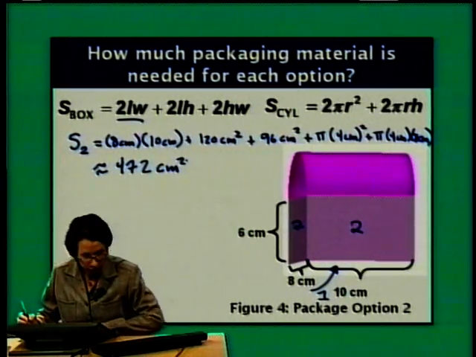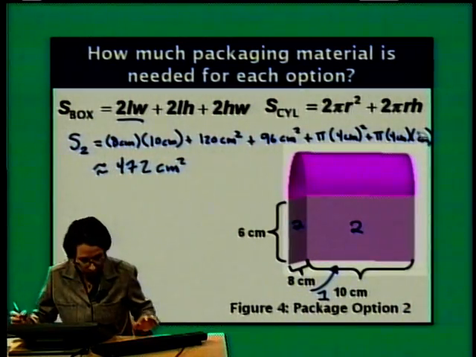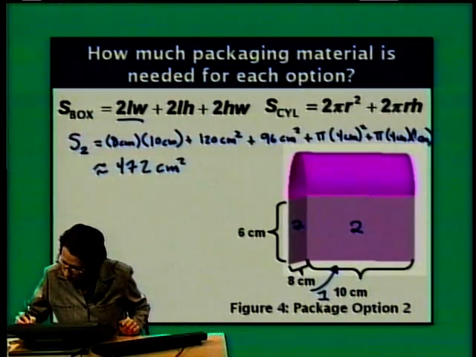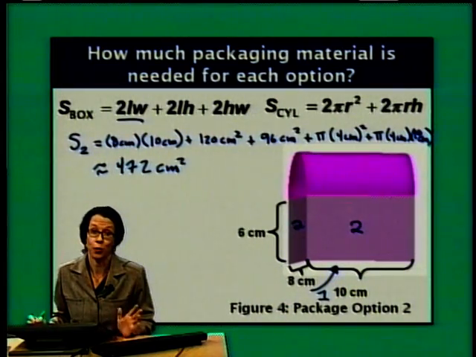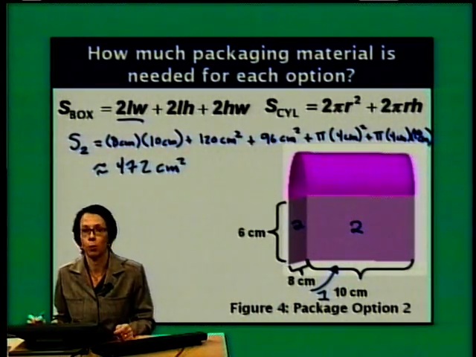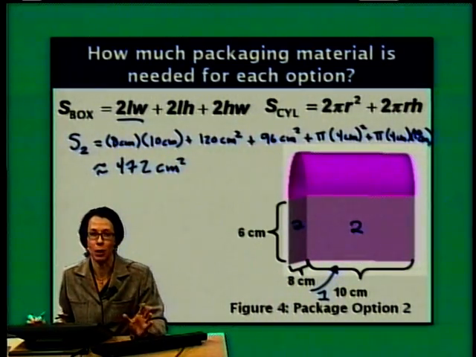And so let me just change this to a 10. So this should have been 10 centimeters. And I have 472 square centimeters of surface area on this package. Whew, what a lot of calculations. But now we can determine which package might be the best option.